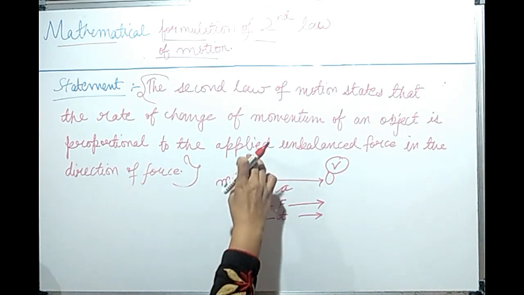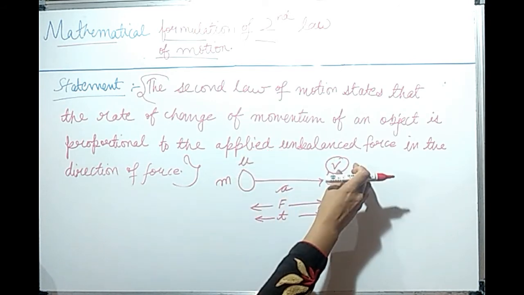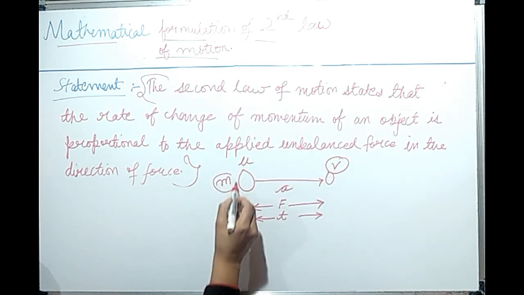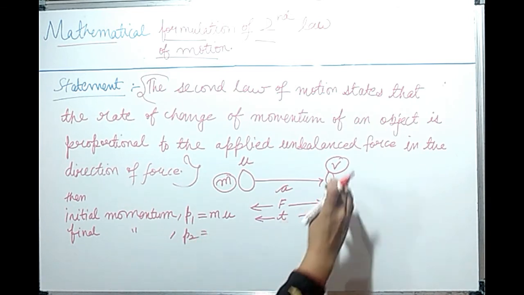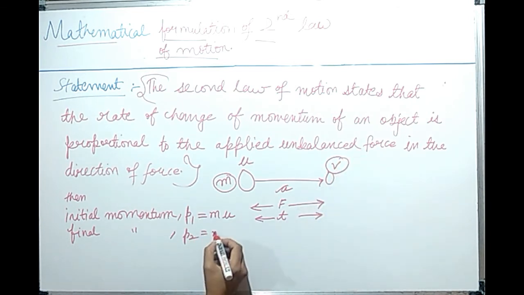When the initial velocity is u, final is v, and the mass of the object is m, then initial momentum, let's say P1, is equal to mass into velocity, that is m into u, and final momentum will be, let's say P2, mass into velocity, m into v.